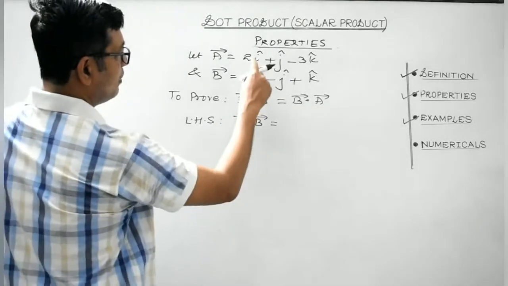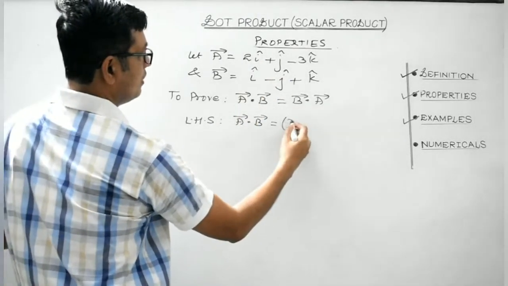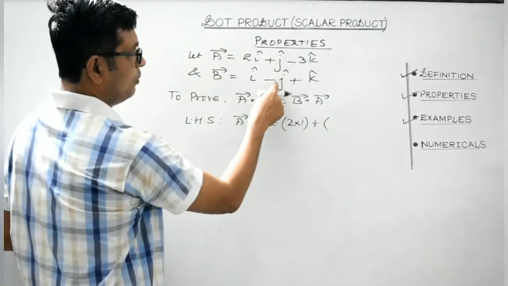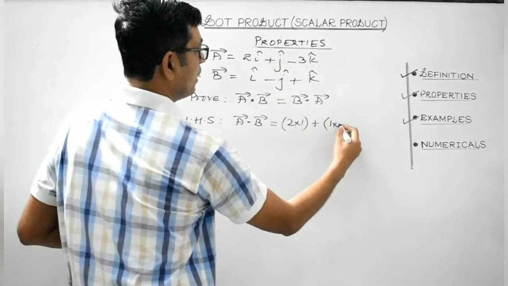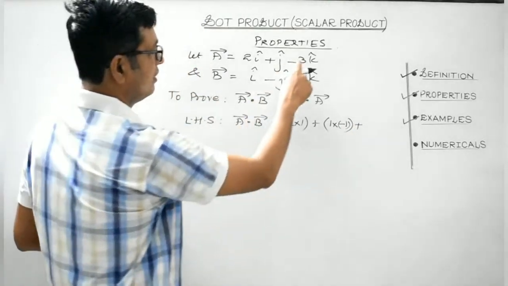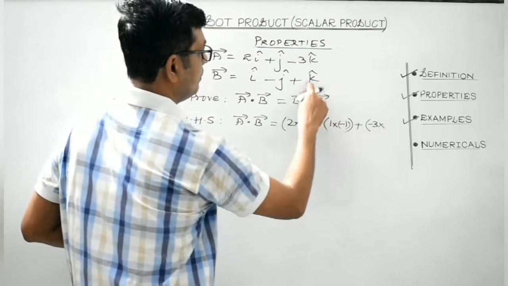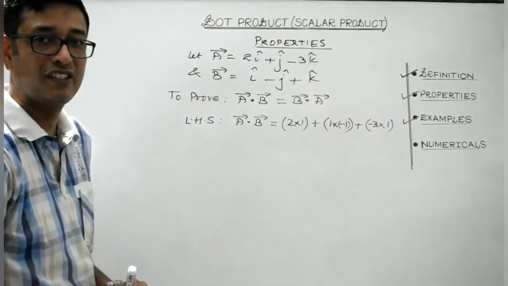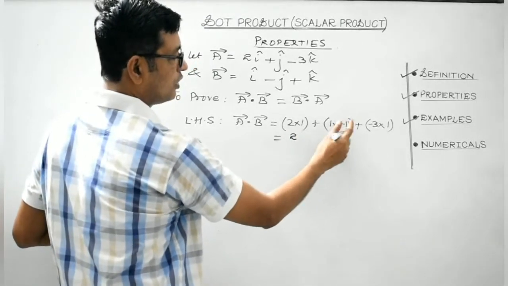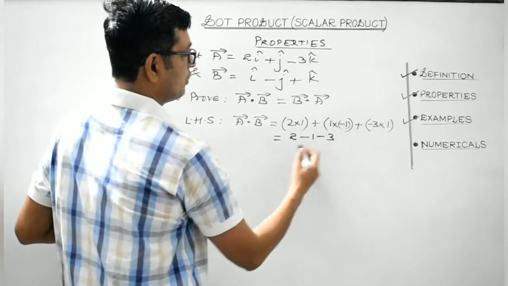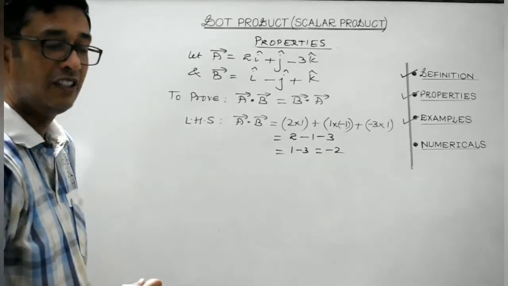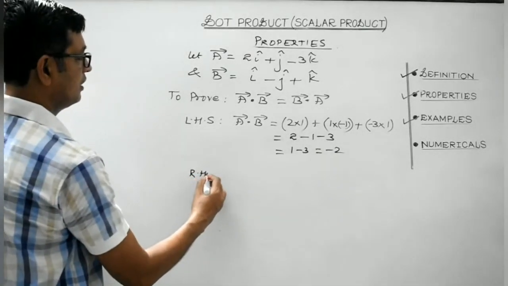So A dot B will be given by 2 into 1, Ax into Bx, plus Ay into By, whose coefficients are 1 and minus 1, plus Az Bz, Az is minus 3, Bz is 1. Am I clear, students? So what we get is 2, minus 1, and minus 3. So 2 minus 1 is 1, 1 minus 3 is minus 2.